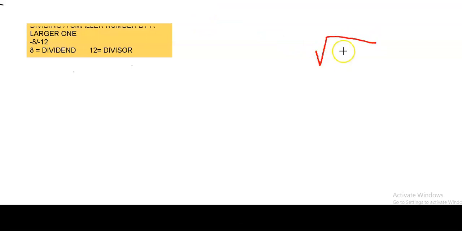Being the dividend, 8 will be inside the division bracket. Being the divisor, 12 will remain outside.